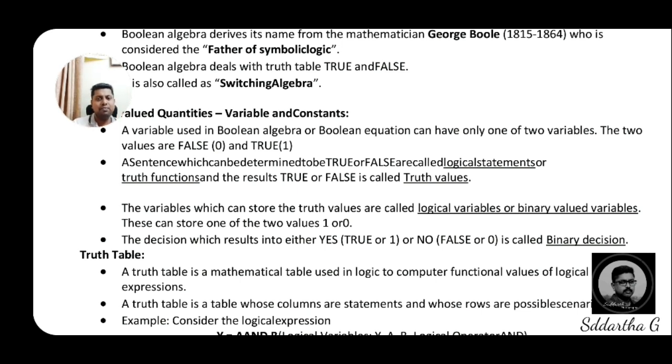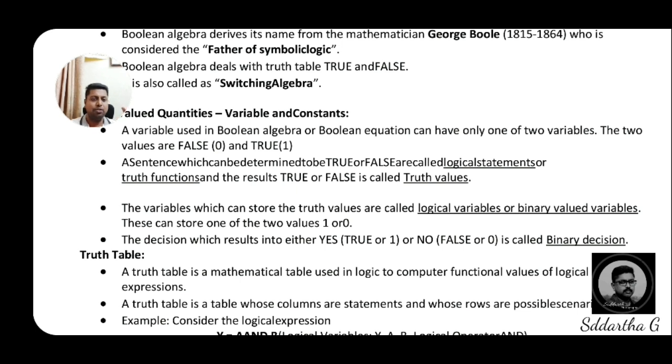A sentence which can be determined to be true or false is called a logical statement. Once again I will repeat, a sentence which can be determined to be true or false is called a logical statement. As we just discussed, false statements are always represented by 0 and true statements are represented by 1.